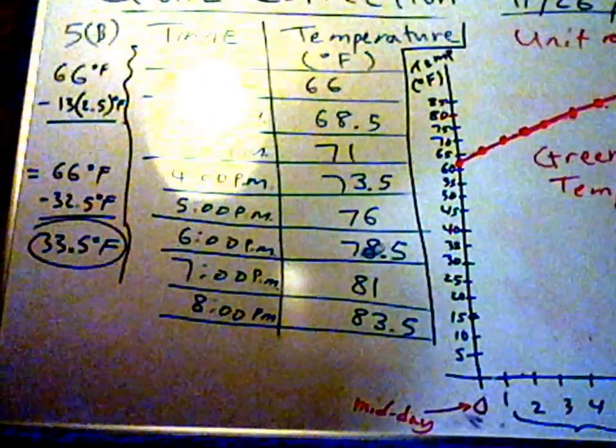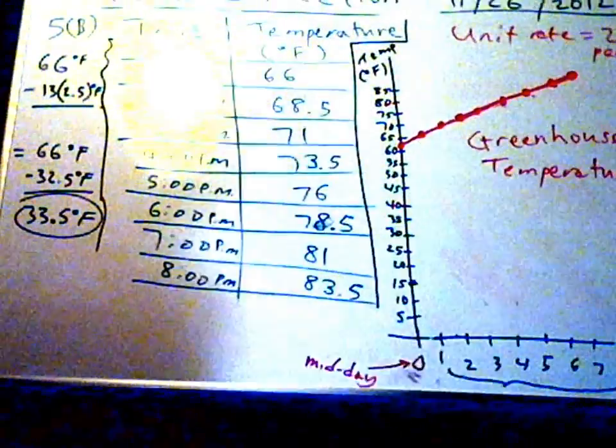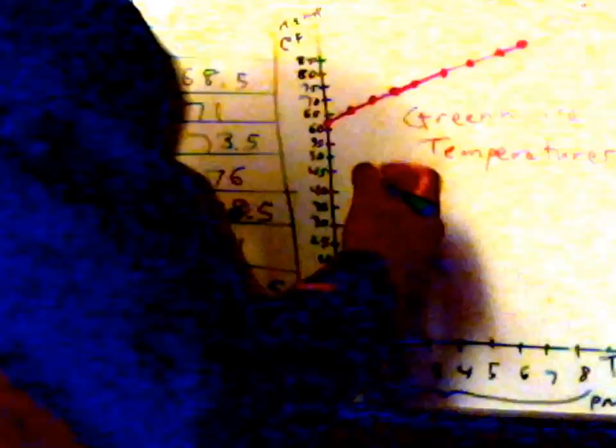And so the question that you are asked is, is the relationship proportional? And you can say no. The relationship is not proportional, or you can say non-proportional, because the line does not pass through the origin.